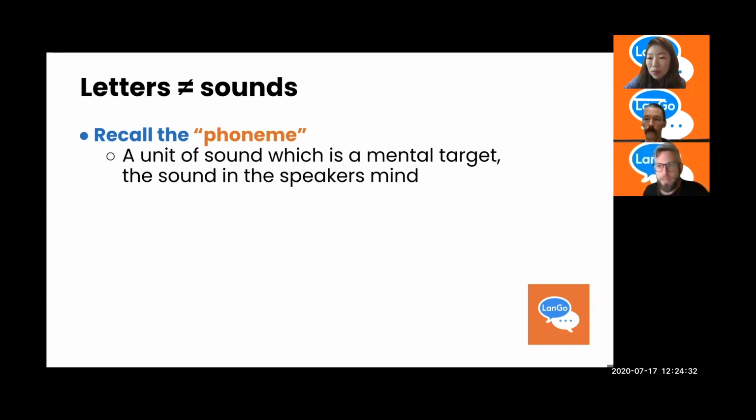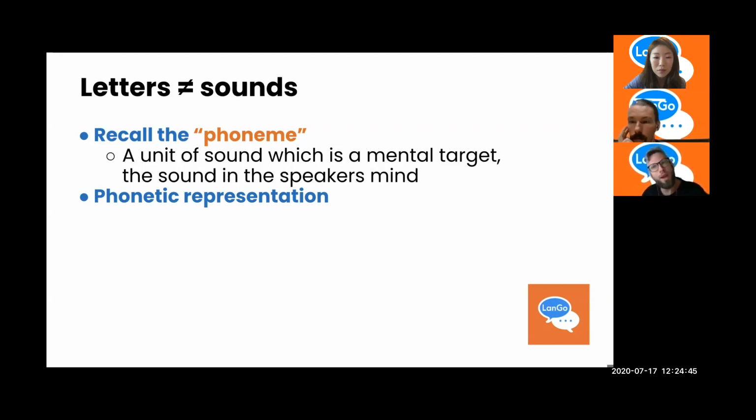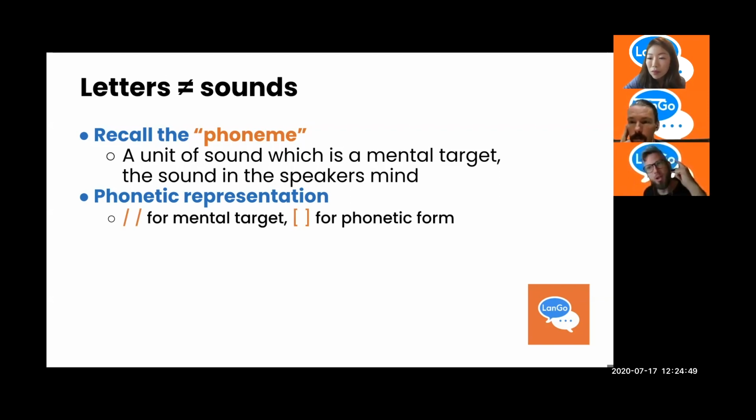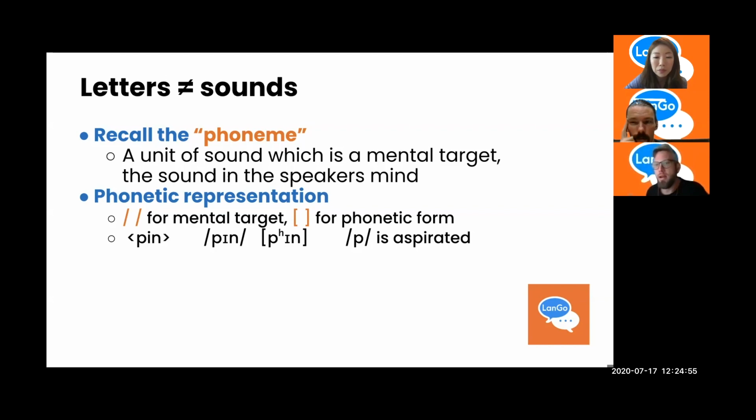If you missed the last podcast, you might not know that, for example, the sound P in English has different realizations. That is, its acoustic properties are different depending on where it is in the word. But you, as the listener and the speaker, know that all three situations that we have here on the slide represent P. For those listening that are not looking at our slide, the words are pin, spin, and nip.